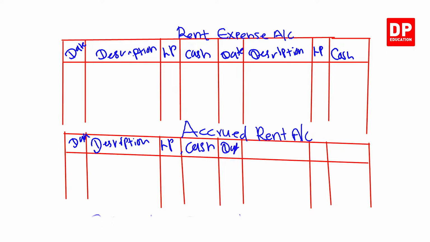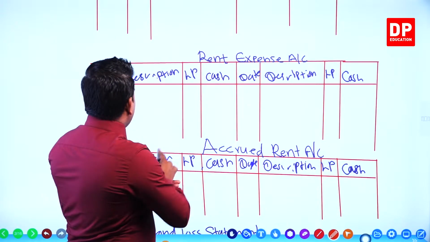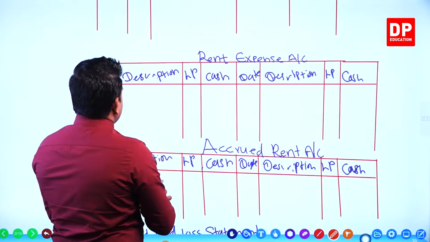Date, description, ledger page, cash, on both sides. Okay, right? Now we enter the details here.